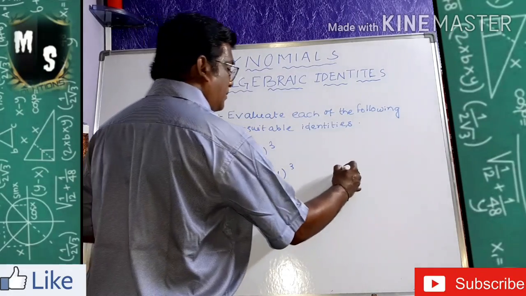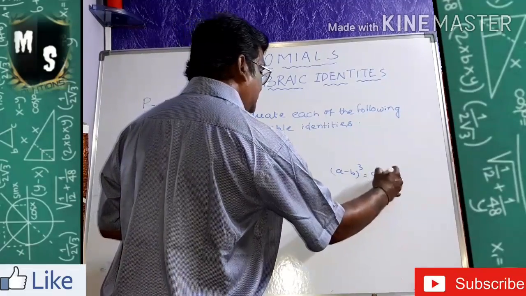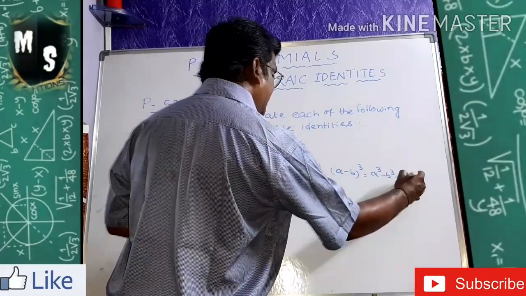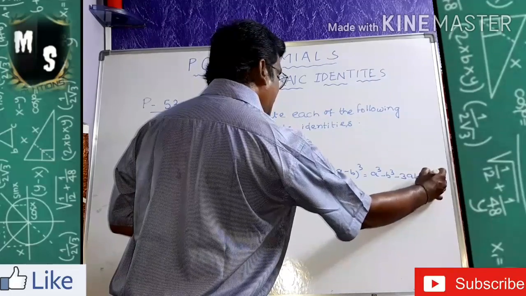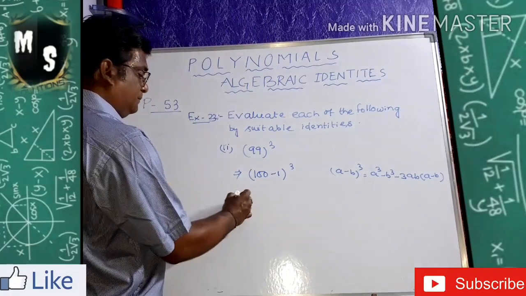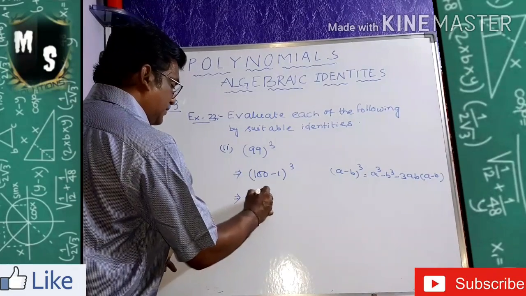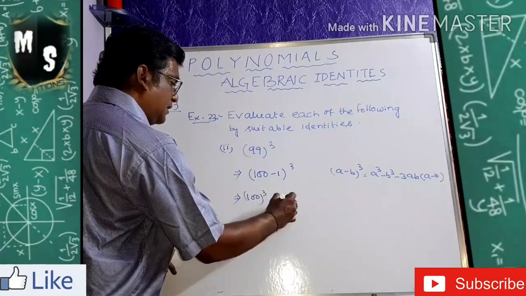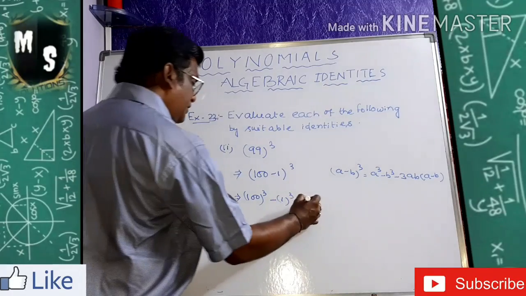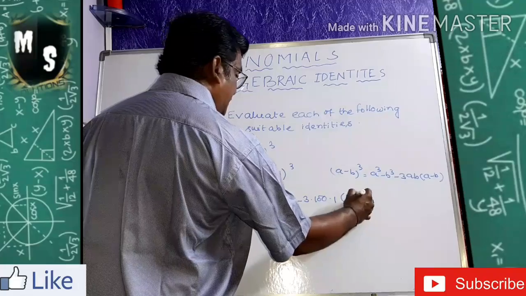Now it is under the formula a minus b whole cube, which is a cube minus b cube minus 3ab into a minus b. So a cube is 100 cube, minus 1 cube, minus 3 into a into b into a minus b.